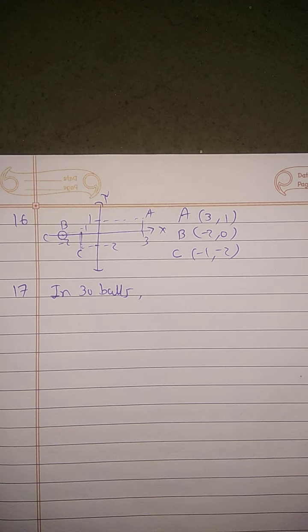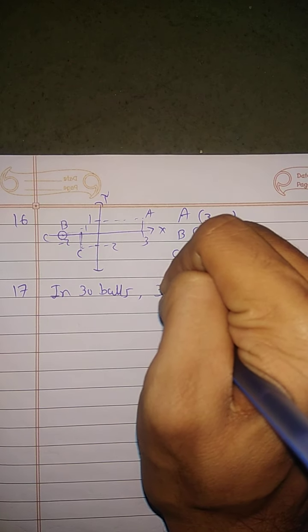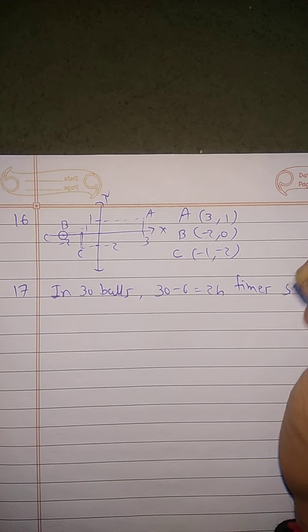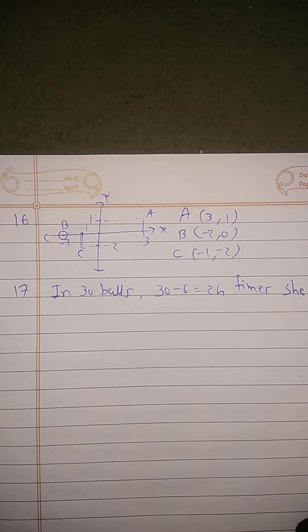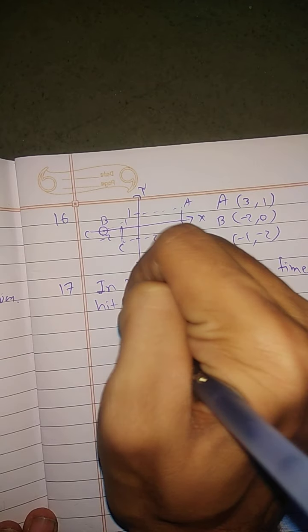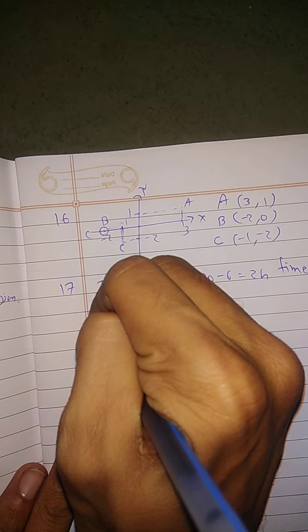So how many times did she not hit the boundary? 30 minus 6, 24 times she did not hit a boundary.